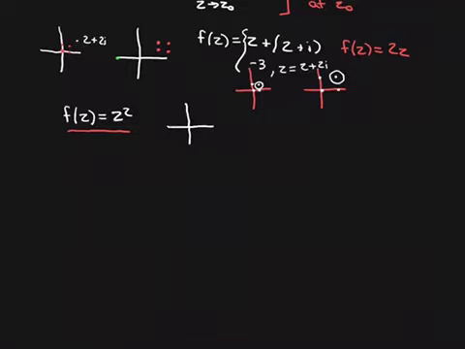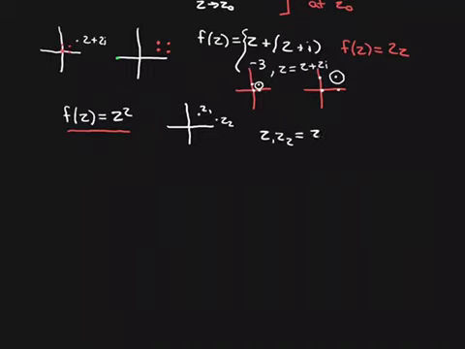If you have two complex numbers, let's say z1 and z2, and you want to multiply them together, the third complex number that you will get is going to have argument equal to the argument of z1 plus the argument of z2, and it's going to have modulus equal to the modulus of z1 times z2.